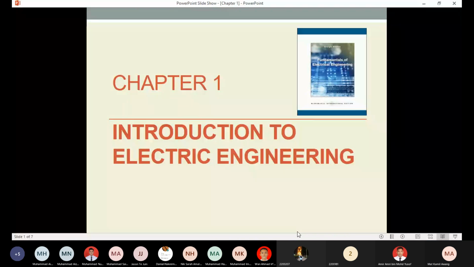So this is the first chapter in your textbook, and that is the photo of the front page of the textbook, Fundamentals of Electrical Engineering by Giorgio Rizzoni.